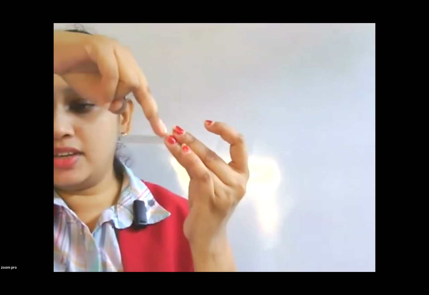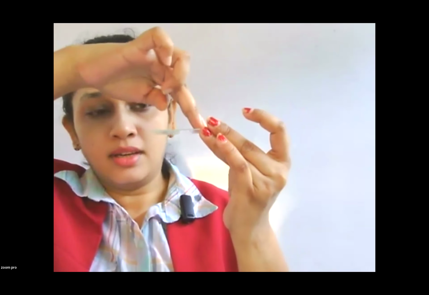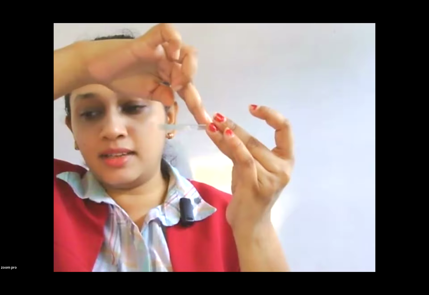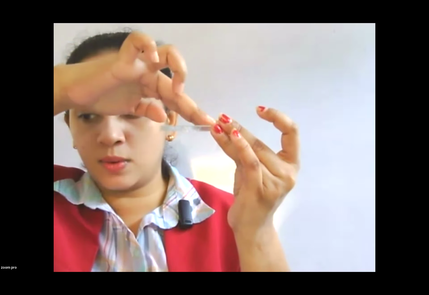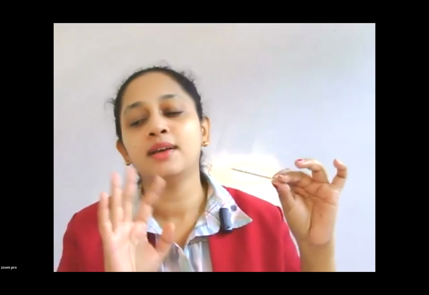Now, suppose my fingers are the cover slip. When you are mounting the cover slip, you have to put it at an angle and just slowly cover it by the cover slip. So that is the way of using the cover slip. The reason is to remove air bubbles. When we are doing the practical in the school, I'll explain you a lot. So doing the practical is the best way.